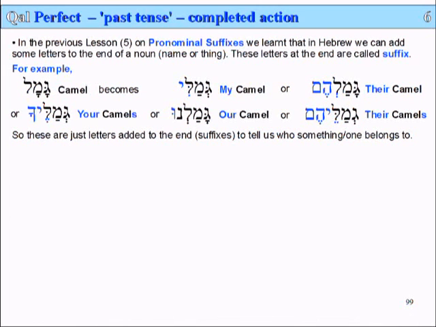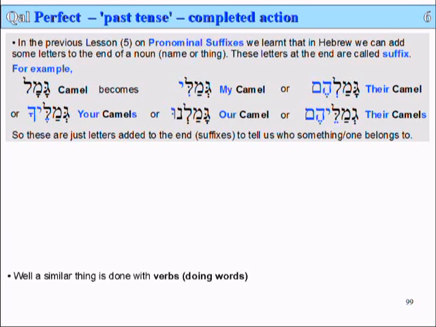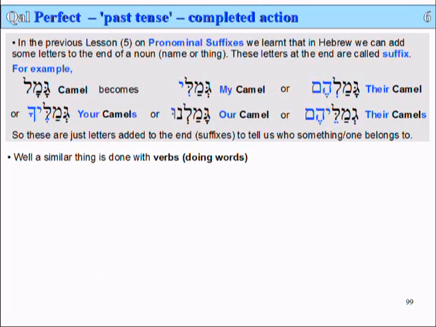Well, in a similar way, these letters that are added to the end tell us who something or someone belongs to. A similar thing is done with verbs, doing words. These are nouns here in these examples above, things or people or animals.